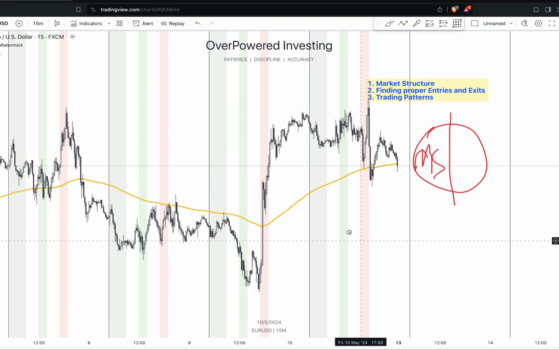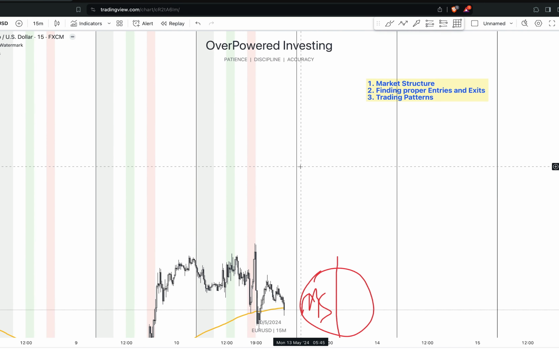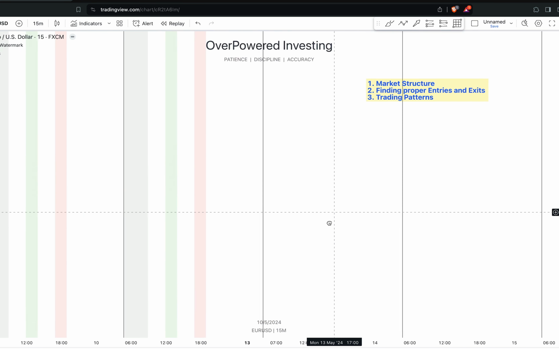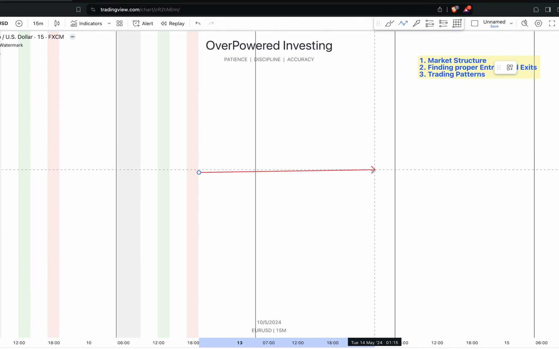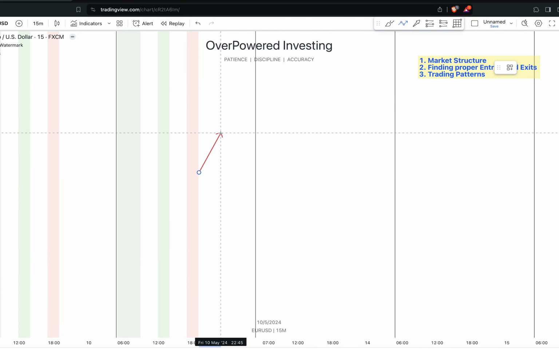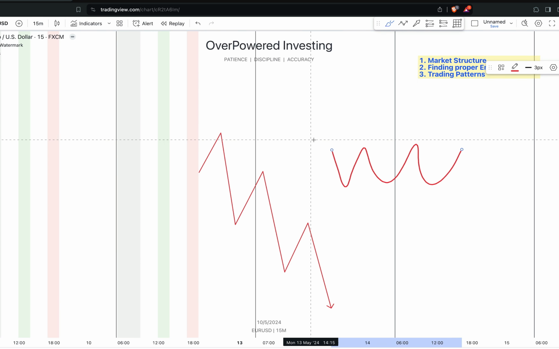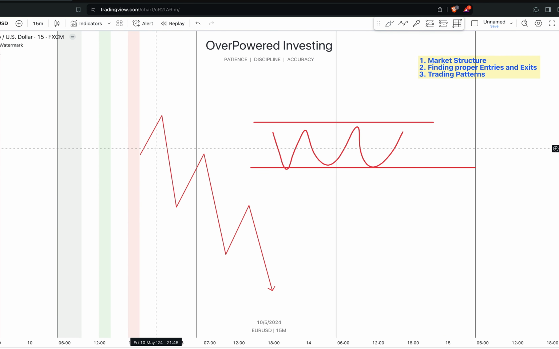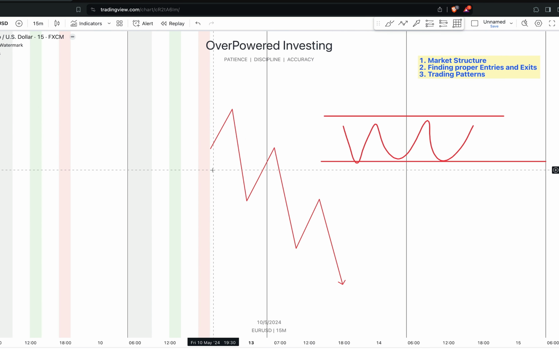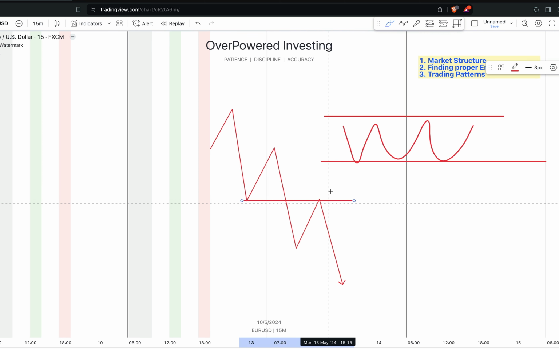And let's talk about exactly what patterns you can trade, what patterns you should focus on. There are 2 market conditions: when the price is trending, and when the price is simply ranging. So when you see a trend, the first thing that you can trade is the breakout and retest.